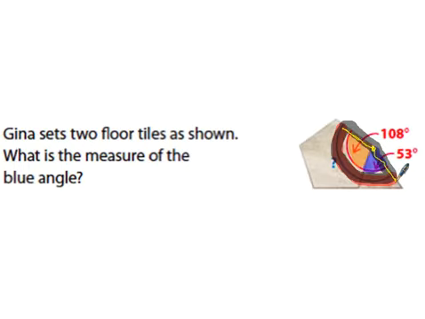Obtuse or acute? 60 degrees is less than 90, and anything less than 90 is acute. Does this look like an acute angle? No. Look how wide open that is. That is a hugely obtuse angle that you're supposed to be finding the measure of. So, not a reasonable answer.